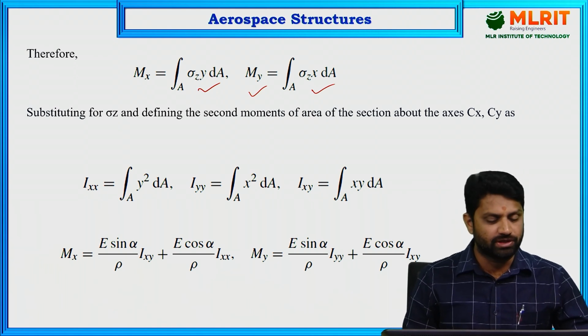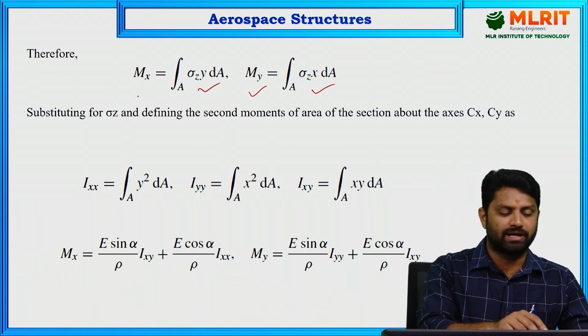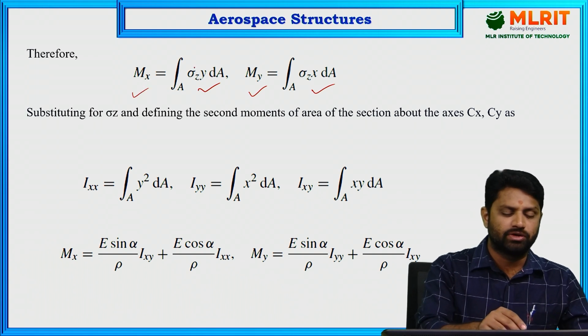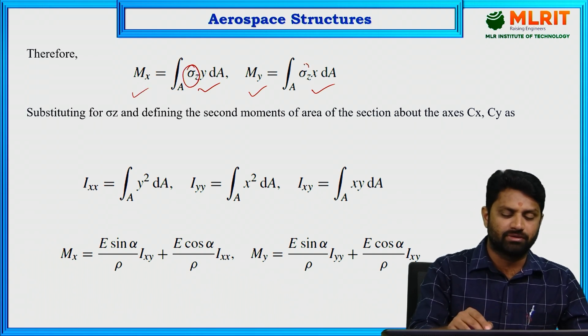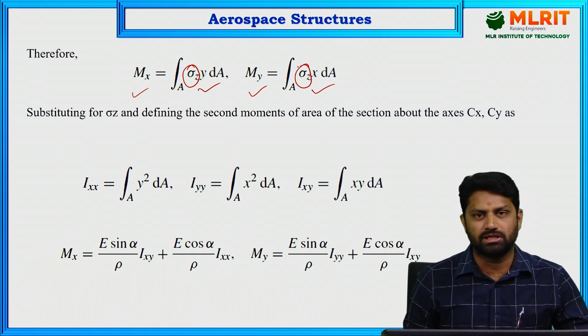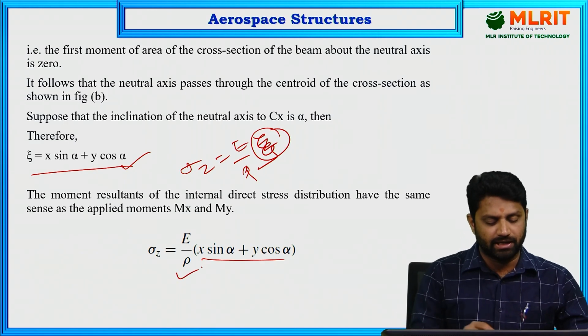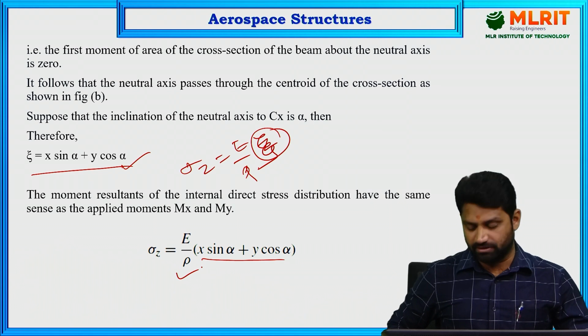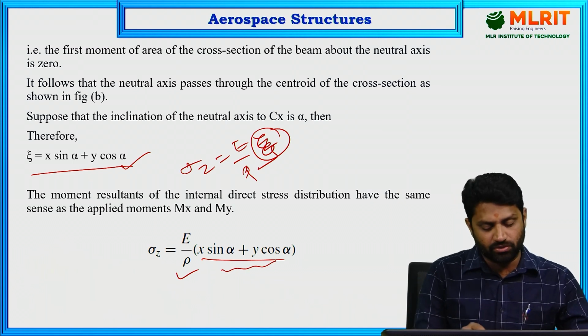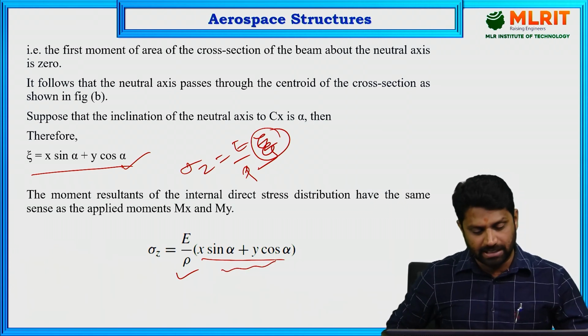Once you have this formula for the applied bending moments Mx and My, you can substitute for sigma z from the previous equation. What is that equation? Sigma z equals E by rho into (x sin alpha plus y cos alpha). We take this complete equation and substitute it into Mx and My.